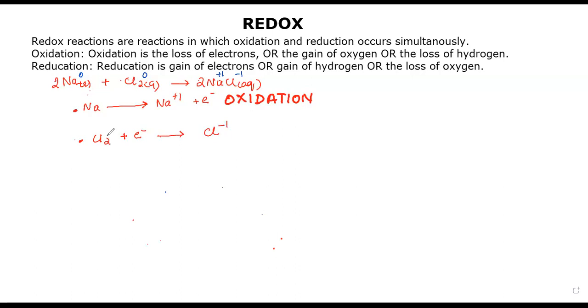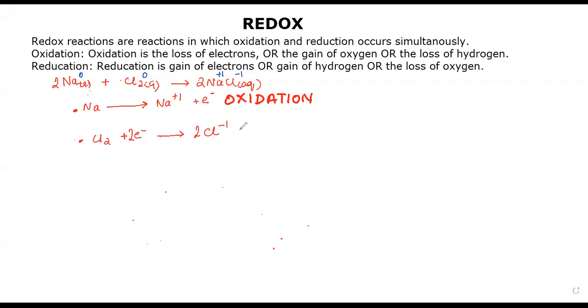The formula is Cl2, which means we will get two chloride ions. The same thing you can see in the balancing of the equation I did. I wrote down two chloride ions. Since I need two chloride ions, 2 multiplied by 1 is 2, right? That means I need 2 electrons. That's my equation. I have balanced my equation.